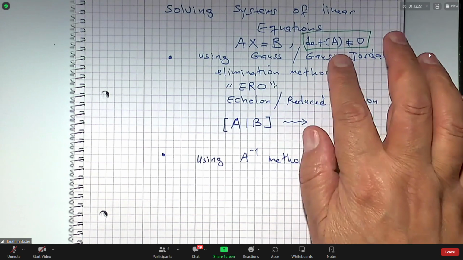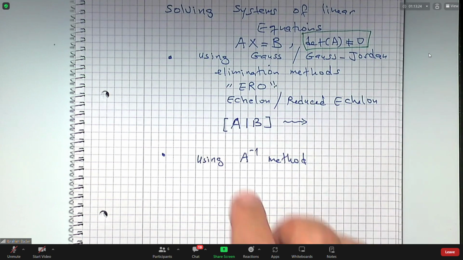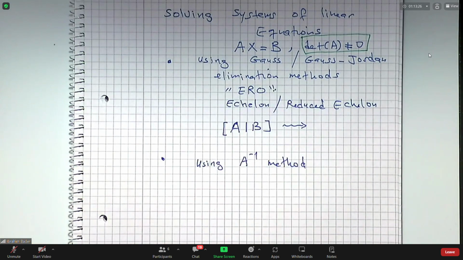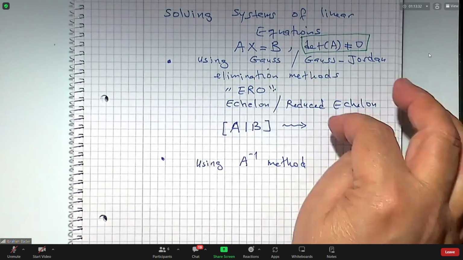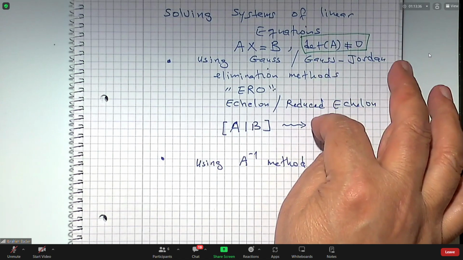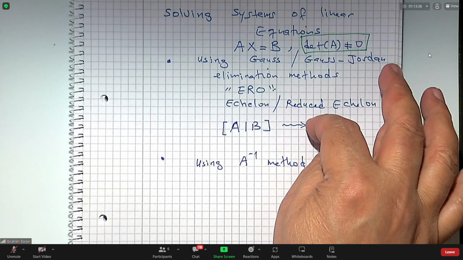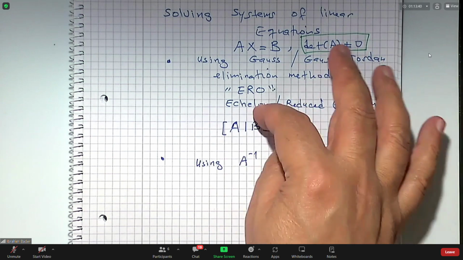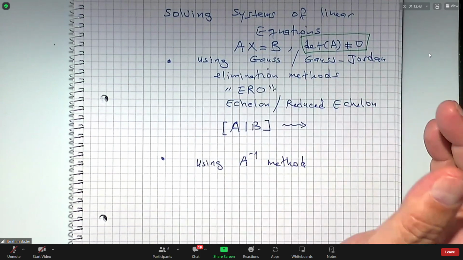So before you start, check whether the determinant of the coefficient matrix is non-zero.